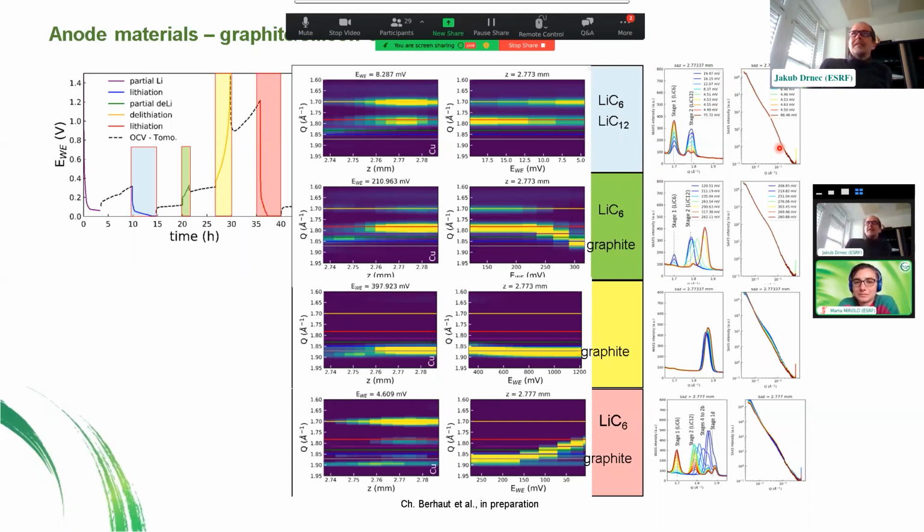We can see that the domains grow, because of the interfaces, and the sizes get to the point where we can nicely see them if we lithiate the material. So we can follow at the same time the XRD, for graphite lithiation, and the SAXS.